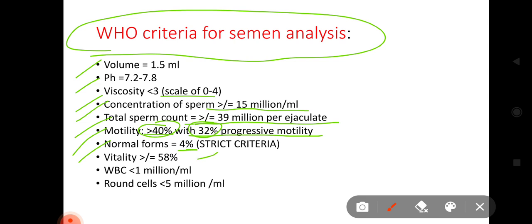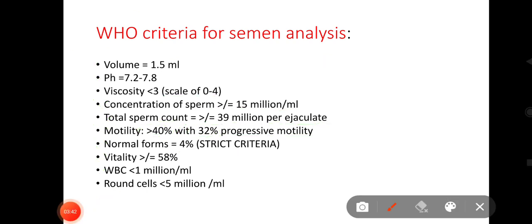Normal forms 4%. This is the strict criteria that normal forms should be minimum 4%. And vitality more than or equal to 58%, WBC less than 1 million per ml, and round cells less than 5 million per ml. So all of these are important, but mainly the concentration, sperm count, motility, normal forms and vitality. At least remember these.